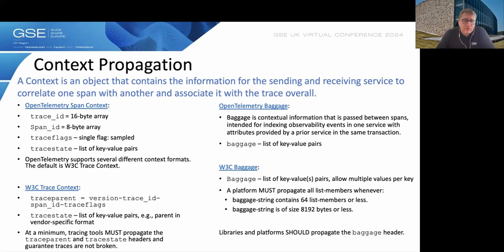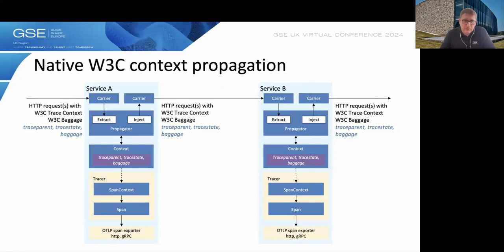Both W3C trace context and W3C baggage are supported by the context propagation of OpenTelemetry. And that's then building the base for distributed tracing, so that we can have this context being propagated.